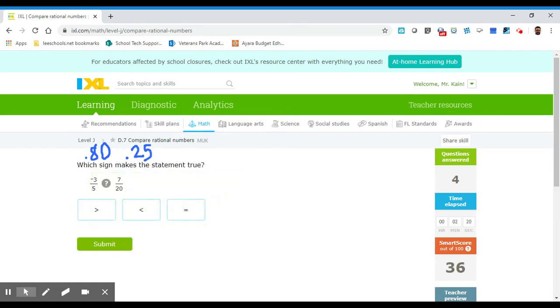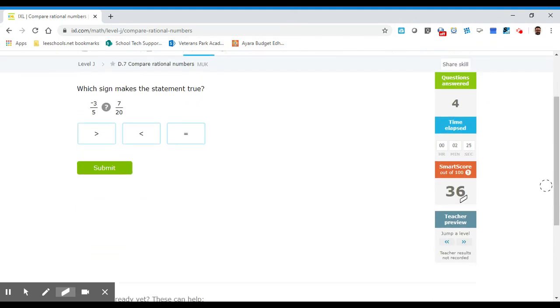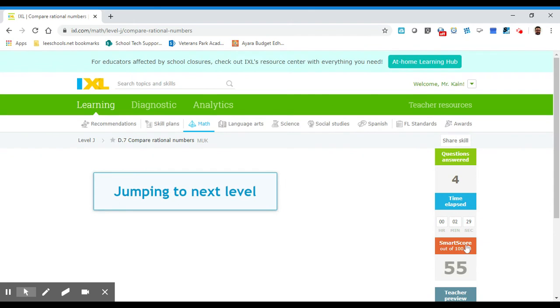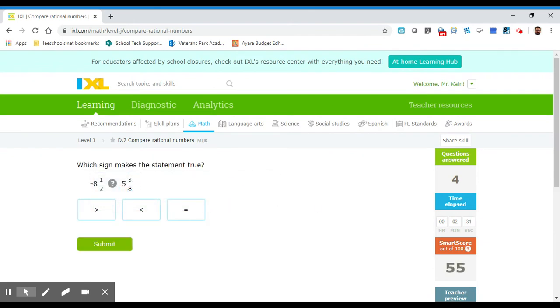Okay, so let's jump up a level and see what we are dealing with here. Okay, I need the right pointer. There we go. 55 is the next level. So remember what I said, positive is always bigger than negative.